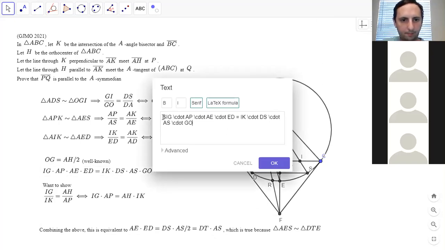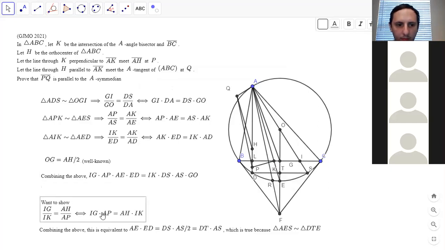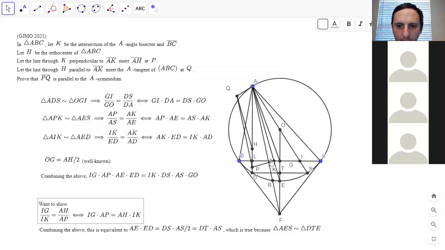But we still, so this would mean that, so AIG, so we know AIG is similar to, hold on a sec. So we want to show that QAP is similar to AIG.